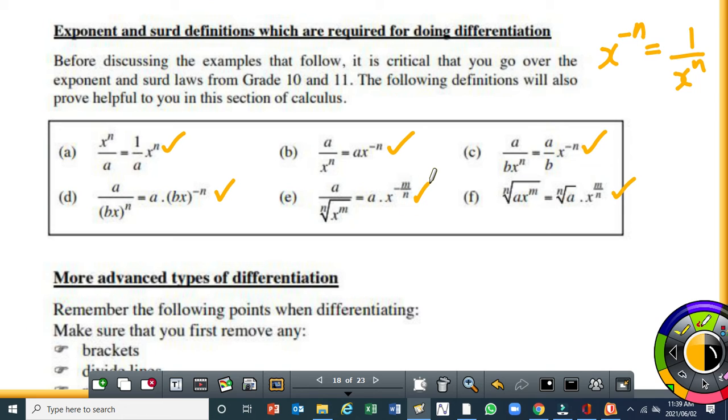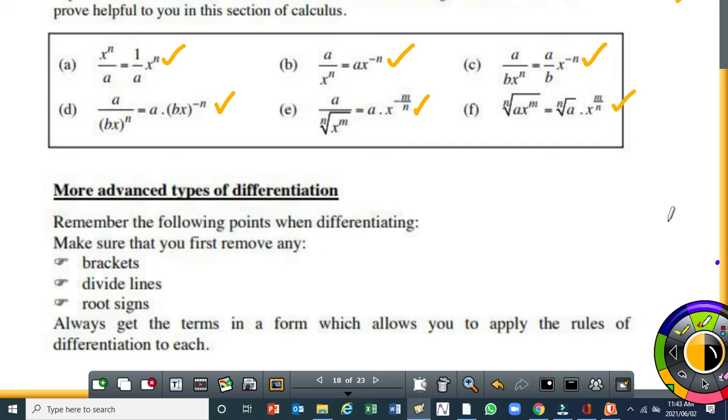It's only that for E, you are going to have a negative rational exponent, which is also a very common scenario when you are finding the derivative using rules. Let's carry on. I'm just going to talk about what E is saying.